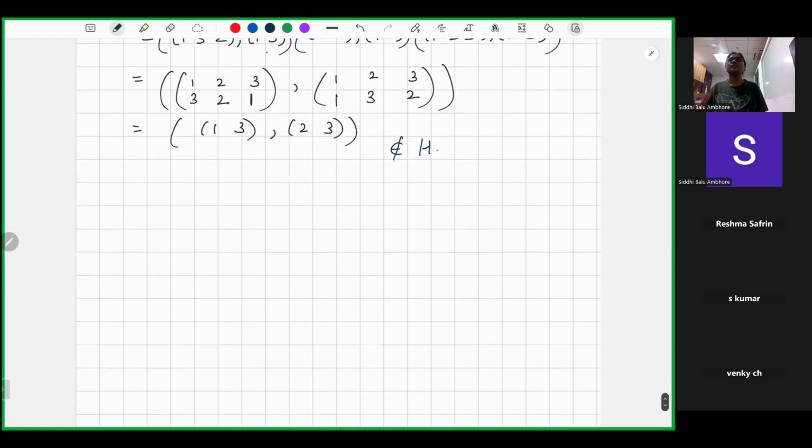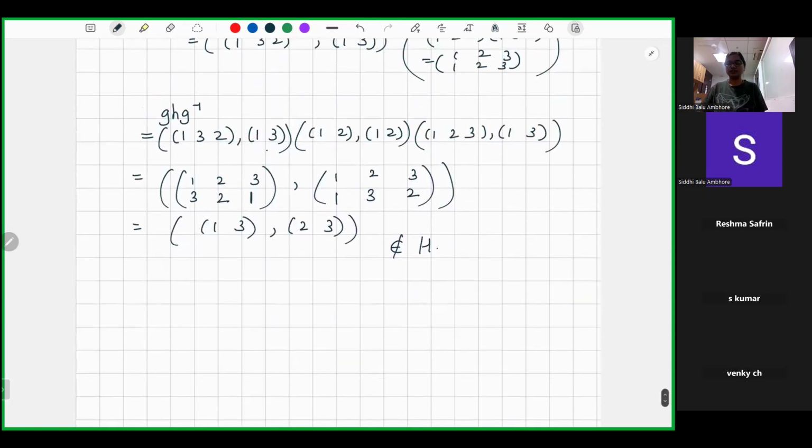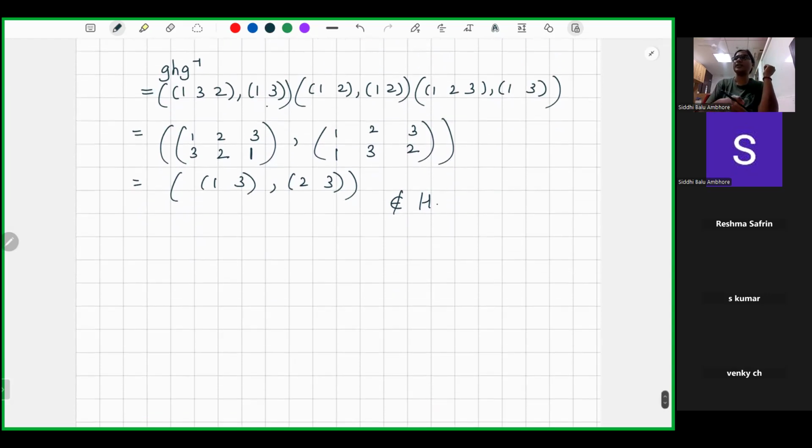Okay, so any doubts here? I hope you all know how this multiplication of cycles works. If any doubt, please let me know.